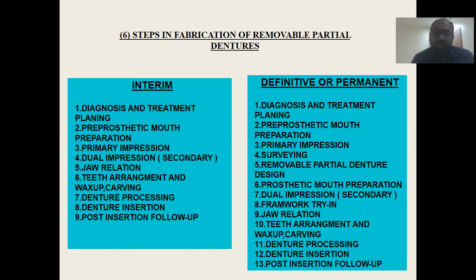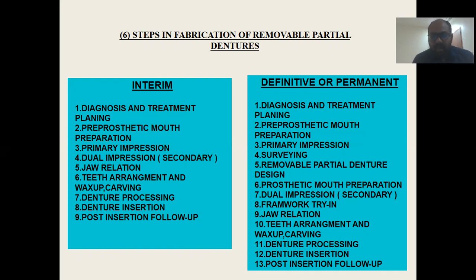Surveying takes us to an orientation of where we could ideally place the components on the cast, on the prosthesis, so that lesser forces fall on the teeth, or you could control the forces. So surveying is very important, which we do not usually do for an interim prosthesis.